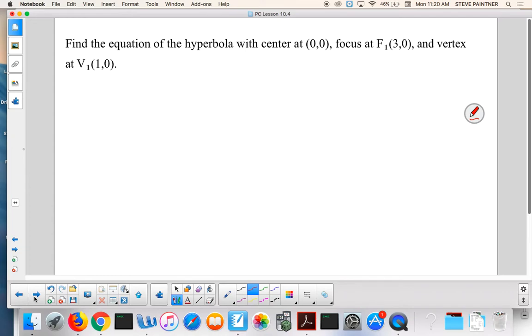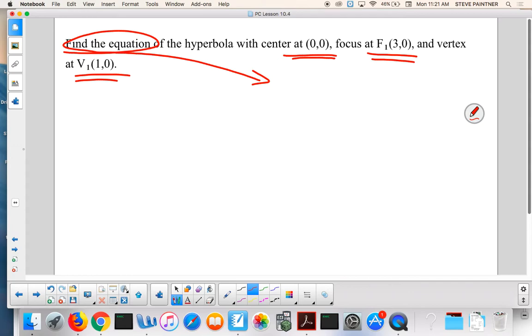Everything's about sketching. Get a sketch. Get a sketch. So let's do this. Find the equation of the hyperbola with center at 0, 0, focus at 3, 0, vertex at 1, 0. So sketch what they told you. Think about the transverse. Which way does it go?